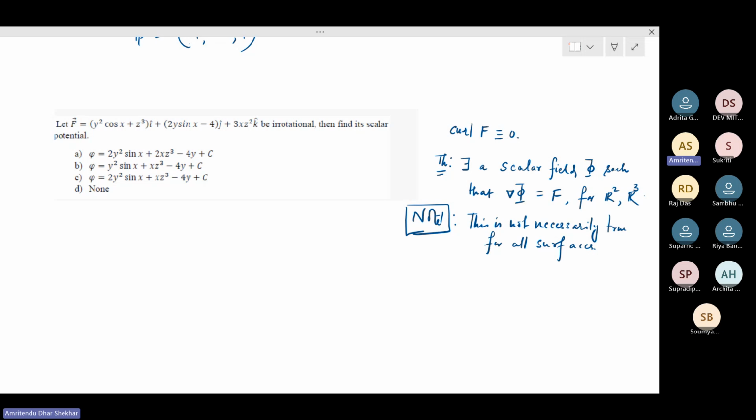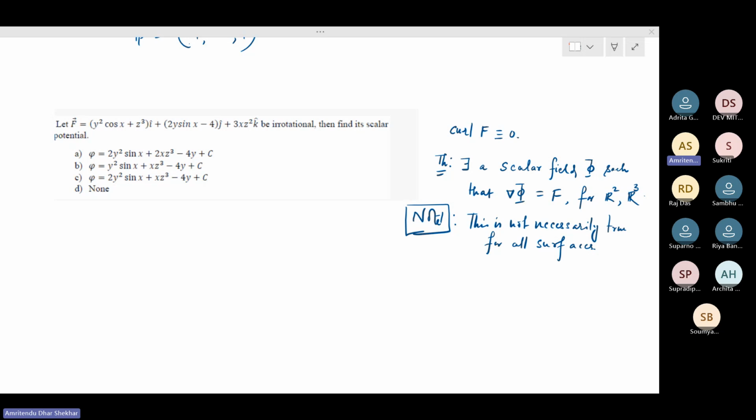Not all vector fields can have scalar potentials backing them. This result is true for R2, R3, but not necessarily for all surfaces. There is a particular topological obstruction which tells you when this theorem holds or does not hold for complicated surfaces, and it's a cohomological property.